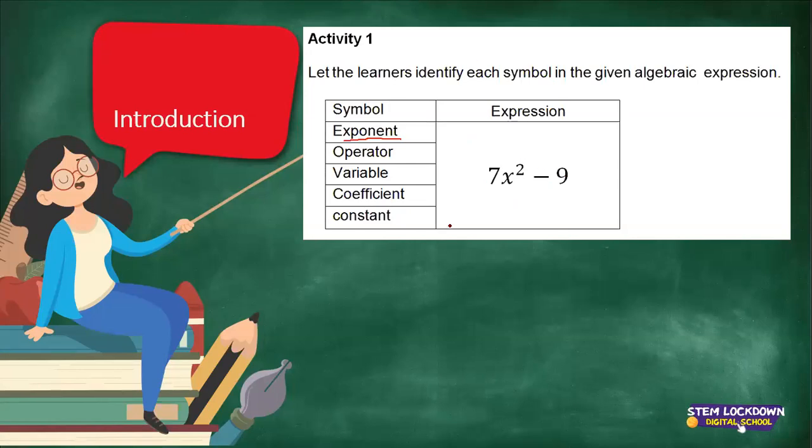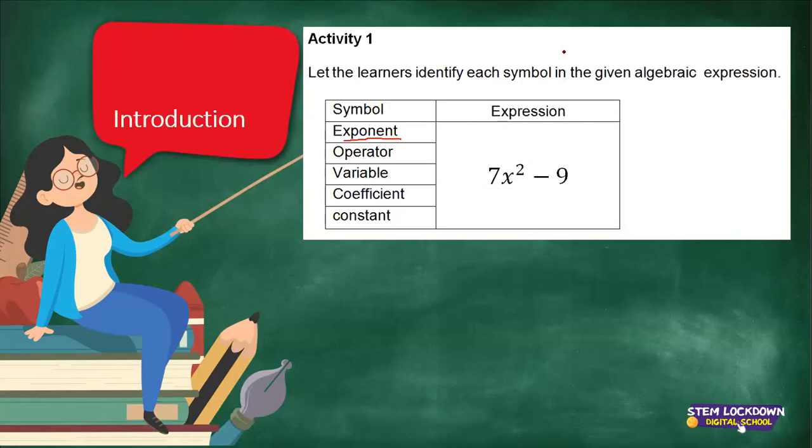Okay, let me get your answers. Let me see if there are any responses as yet. Please just write on your chat the exponent in this case. Okay, some of you are saying x squared, some are saying it's 2. Who is correct? Let's see. I won't call you by names because there are so many of you in this lesson.